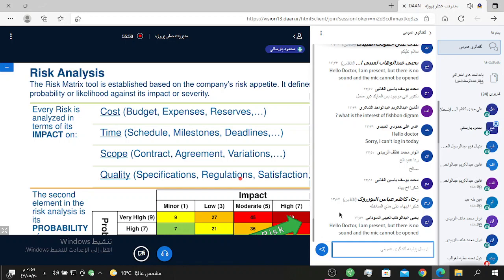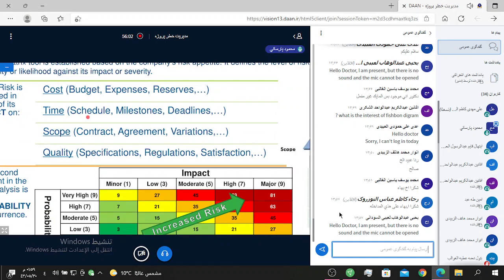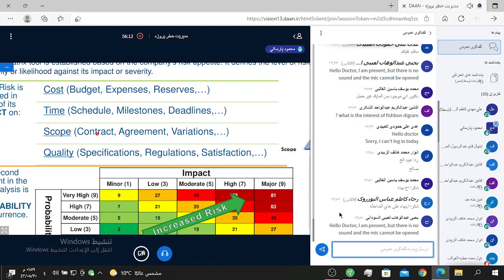And about the scope of the project, such as contract, agreement, variations and other items, and about quality in the project, such as specifications, regulations, and satisfaction and other items.